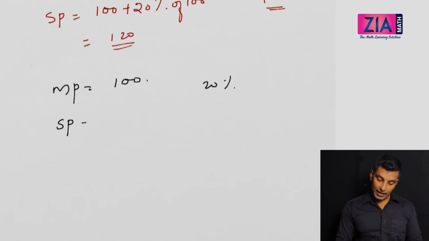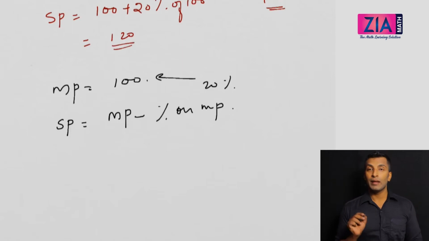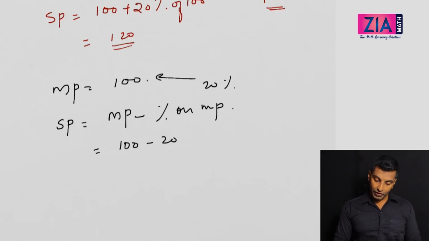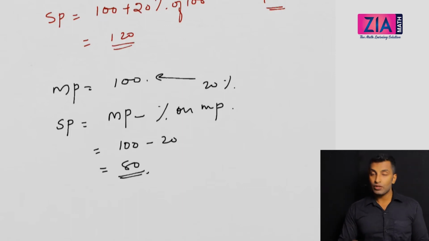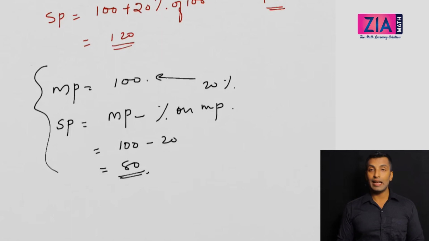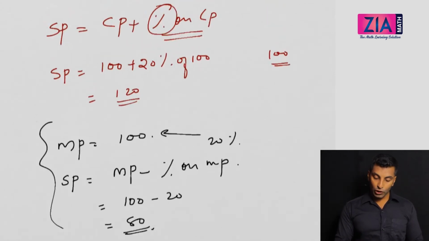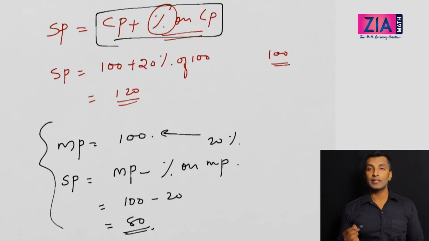Here the selling price means marked price minus a percentage on marked price, that is a discount. So marked price is 100, percentage discount is 20. 20% of 100 is 20, so 100 minus 20 is equal to 80. We'll come to this later, but now let's understand selling price is equal to cost price plus percentage gain on cost price.